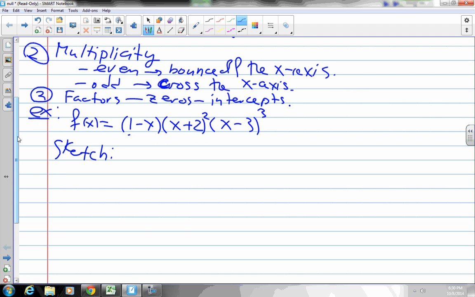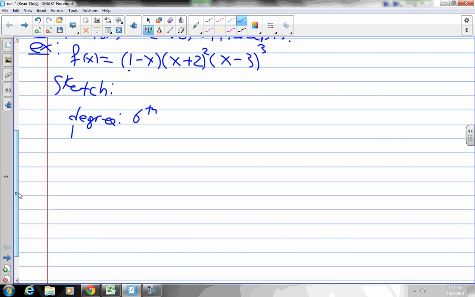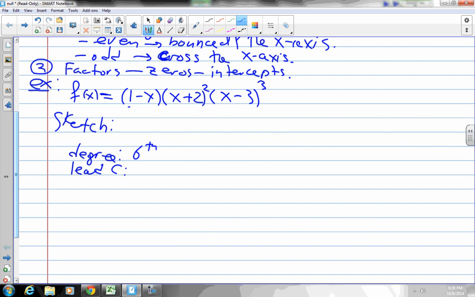Just by looking at this polynomial, what is the degree? It's 6, because you have 2, 3, and then one more. There are a total of 6 x's, so this is a 6th degree polynomial. Is the leading coefficient positive or negative?